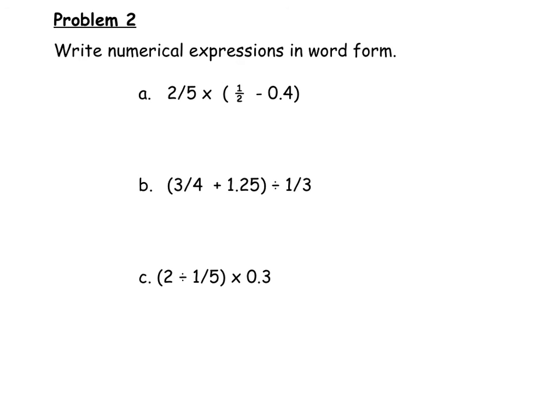So for problem 2, it says, write numerical expressions in word form. So I'm taking the expression and I'm converting it to word form. So I have to write it out. So what's nice is there are actually multiple ways to write this.